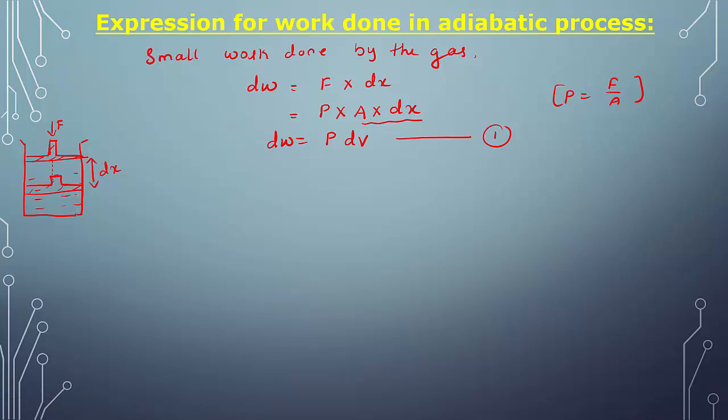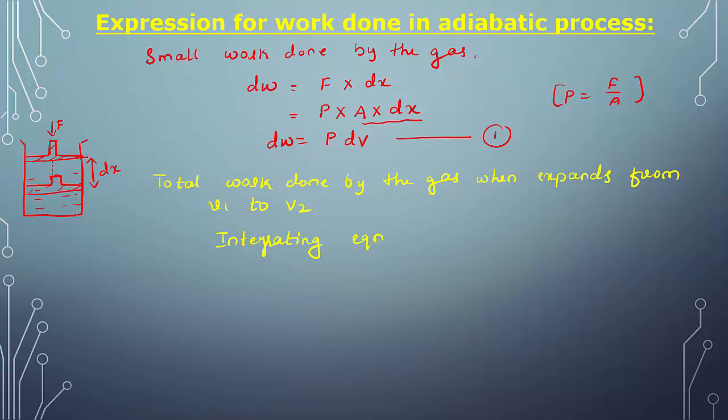So now we have to consider total work done by the gas, when it expands from initial volume V1 to V2. So we can write integration here for total work done. We have to integrate equation number 1 from the limit V1 to V2.